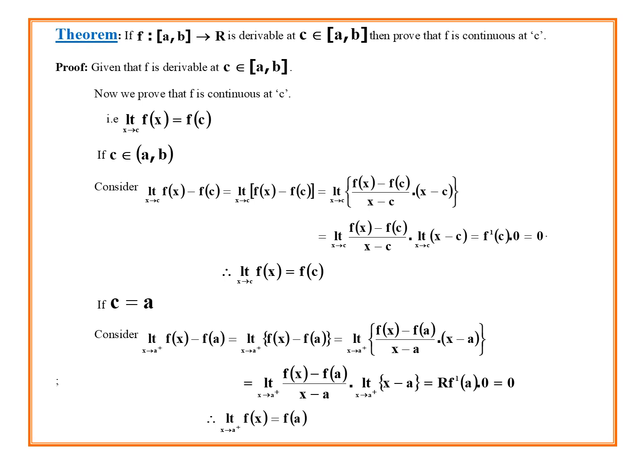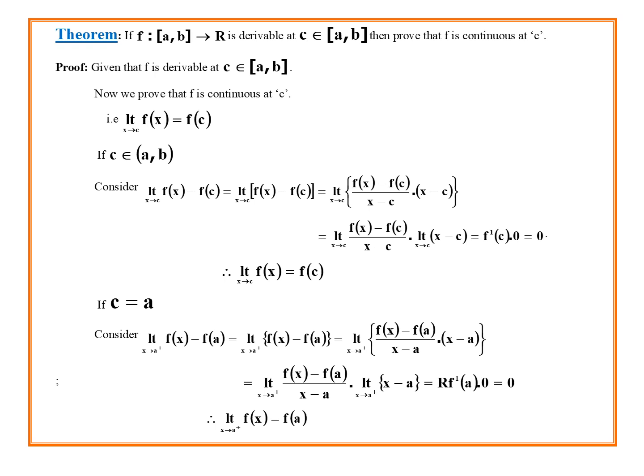Limit x tends to c, f of x minus f of c by x minus c, into limit x tends to c, x minus c. We are applying the limit to this and this. We will get f dash c. This entire value is f dash c into this is 0. So 0 into f dash c will become 0. Therefore, limit x tends to c, f of x is equals to f of c.